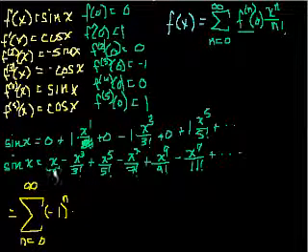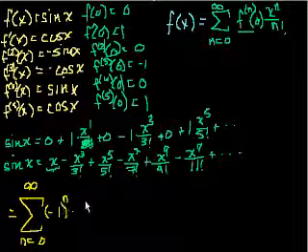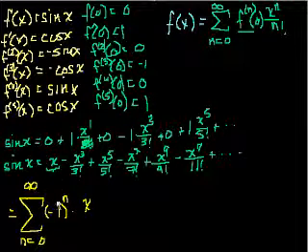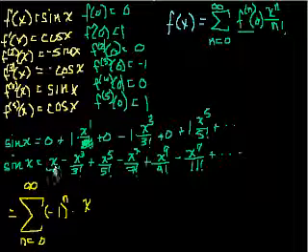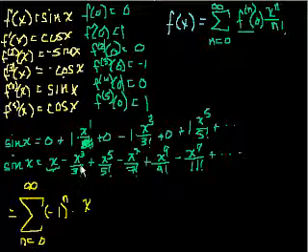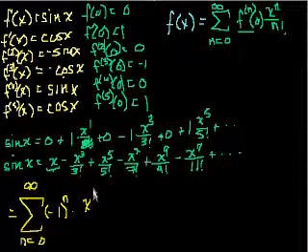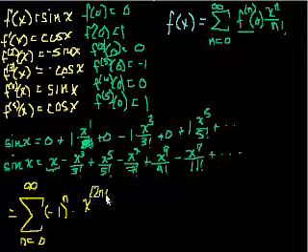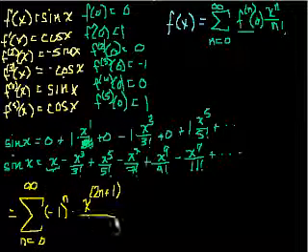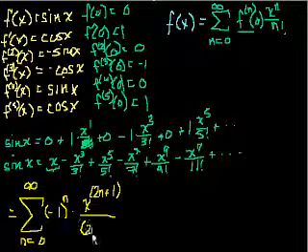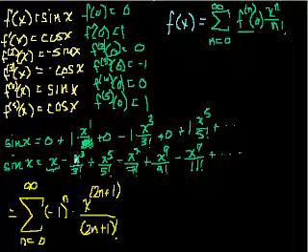Times, and the 0th term is x, so it has to be x to the 2n plus 1. Does that work? Right, because the first term would then be x to the 3. x to the 2n plus 1 over 2n plus 1 factorial. It's almost easier when you just write it out like that.